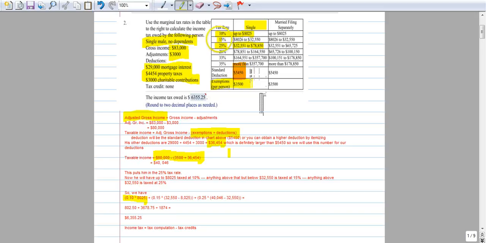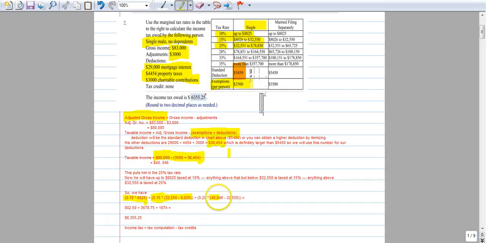Then everything he makes above $8,025 all the way up to $32,550, that's taxed at 15%. So if we take $32,550 and subtract $8,025, that gives us the amount of money that's in that 15% tax rate. So we multiply 15% times that amount. Then whatever's left over and above $32,550, that is what's taxed at 25%.